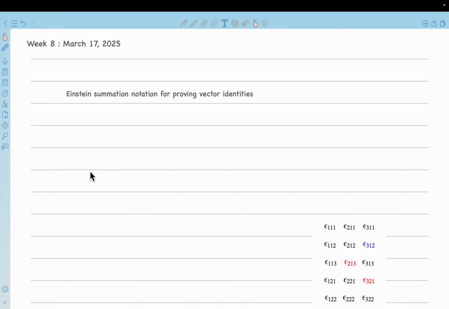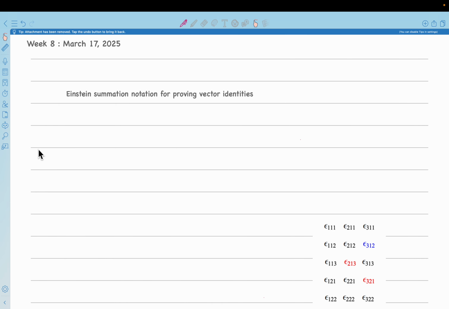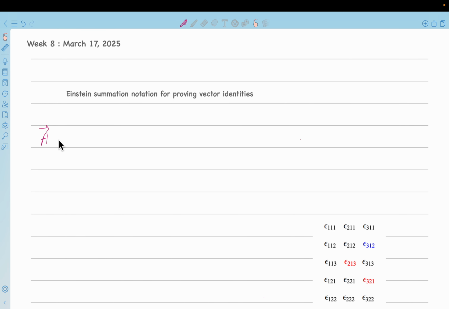So let's start by considering a simple vector. Let's say I have a vector. I can write this as ax in x cap plus ay in y cap plus az in z cap, right?